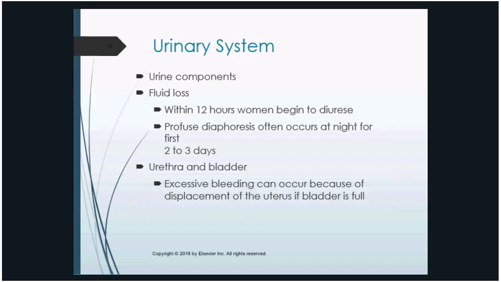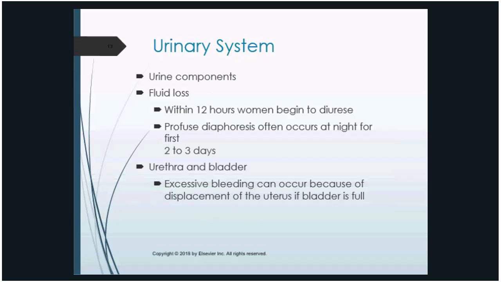So this patient may also have to get up and urinate a little more often. Urethra and bladder: excessive bleeding can occur because of the displacement of the uterus if the bladder is full. If you go into a room and you're checking a fundus and the patient has a lot of bleeding, and her bladder is over to the right or the left and not midline like it should be, then you ask her to get up and go to the restroom.